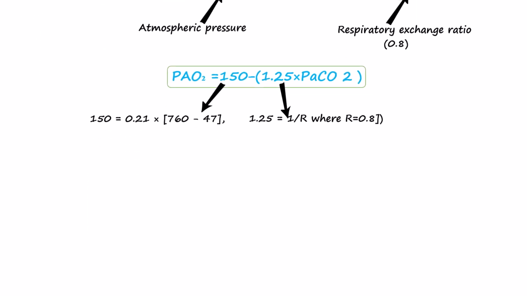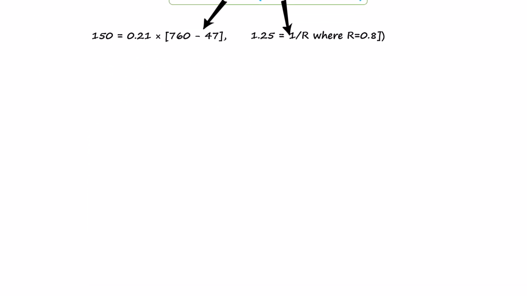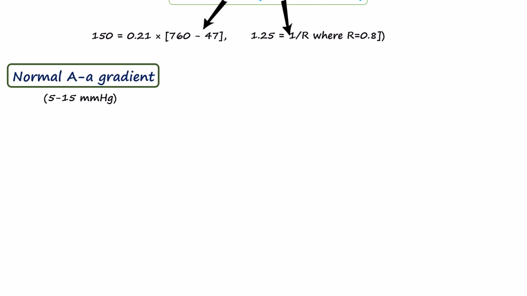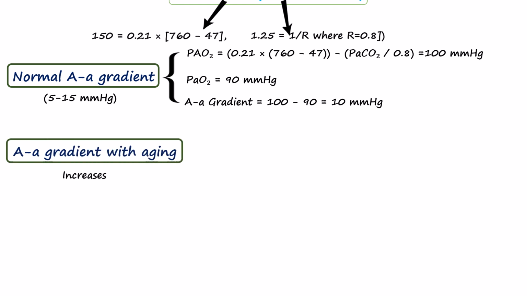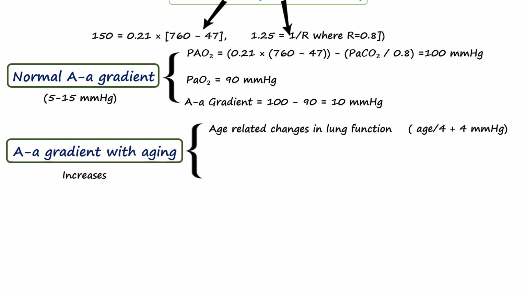The normal alveolar arterial oxygen gradient typically ranges between 5 to 15 mm of mercury in healthy young adults breathing room air. The math given here is self-explanatory. As people get older, the AA gradient naturally increases due to age-related changes in lung function.